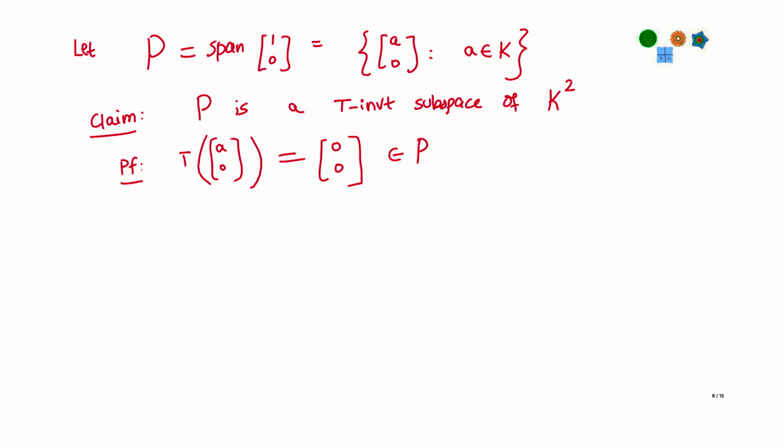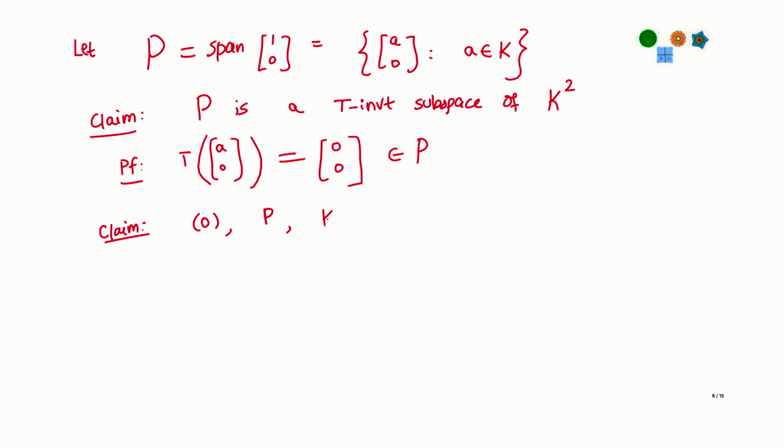This is trivial, but I claim more: that this is the only T invariant subspace of K^2 other than the two trivial possibilities, which are 0 and the whole space.